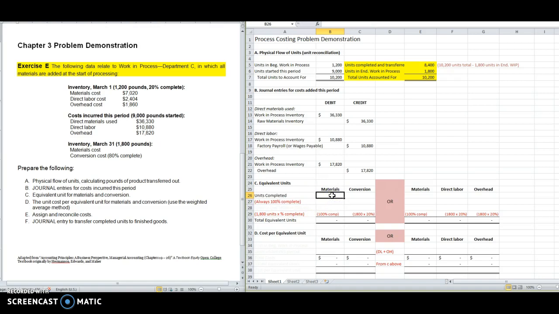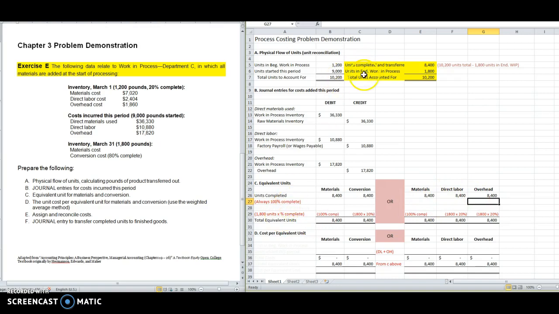So we're going to take the number of units completed and transferred times 100%, which is going to give me 8,400 units. And that's going to be for both materials and conversion. If I wanted to separate out direct labor and overhead, I could do that in two separate columns, but the amounts are going to be the same. The number of units are exactly the same for direct labor and overhead.